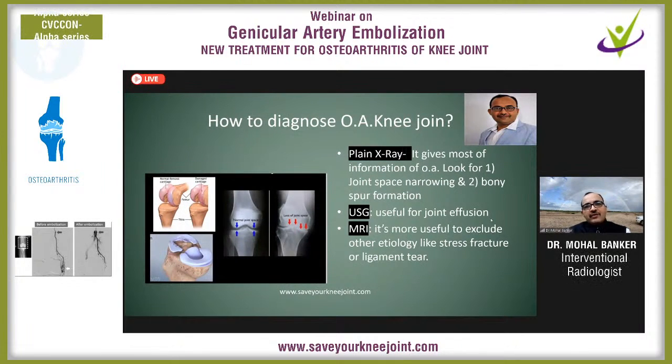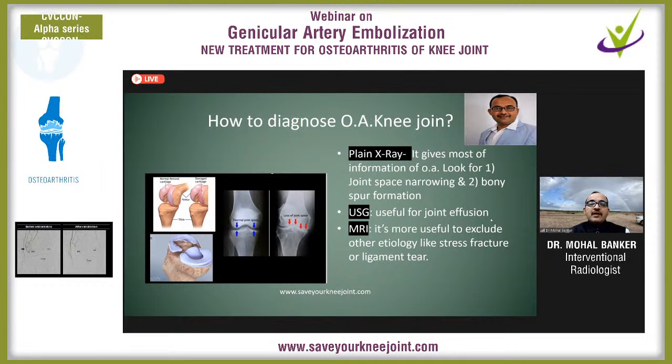It is very easy to diagnose osteoarthritis. Even a plain X-ray gives lots of information. By recognizing joint space narrowing, we can diagnose that the osteoarthritis process is going on, and staging can also be done very accurately on a plain X-ray. But USG and MRI are also very important modalities. Using power Doppler, we can define the hypervascularity of the synovium.